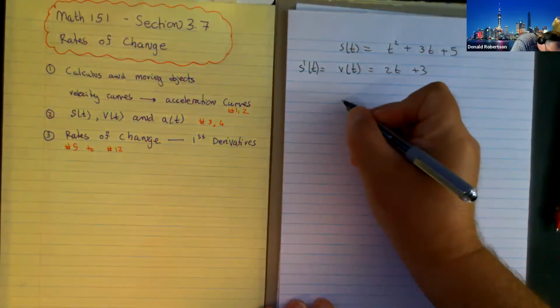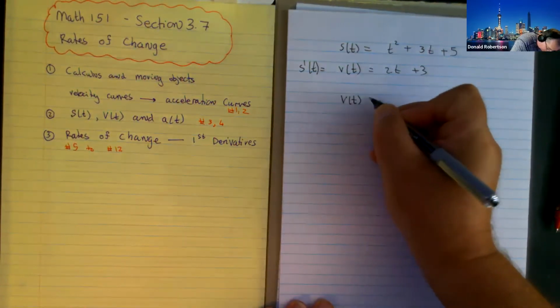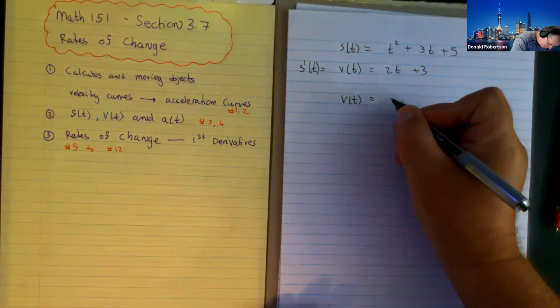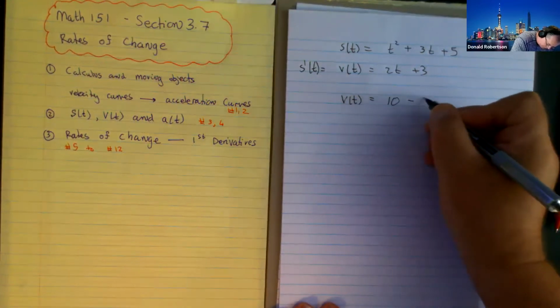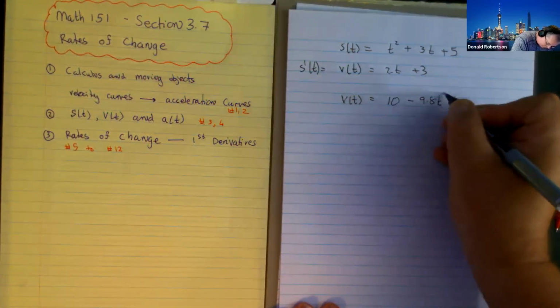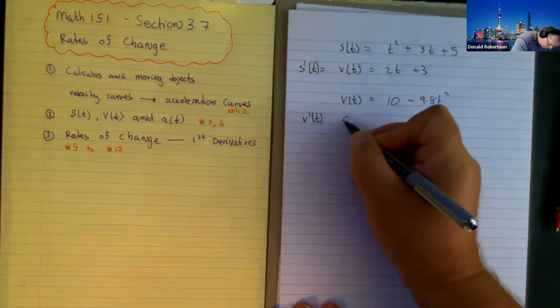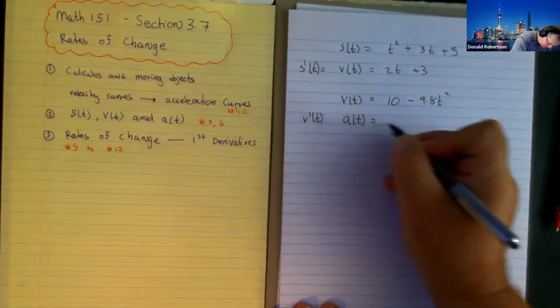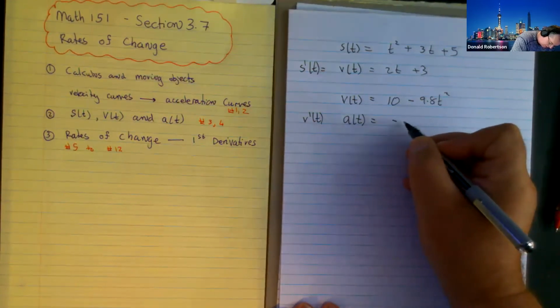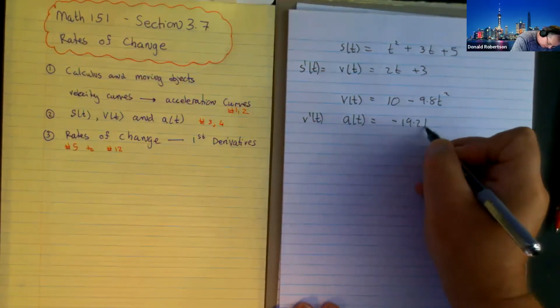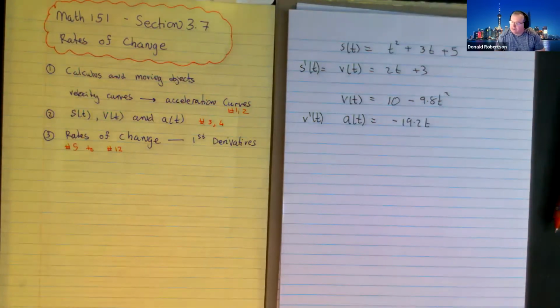If you take a formula for the velocity of something, and you find its rate of change, its derivative, you get a thing called the acceleration.